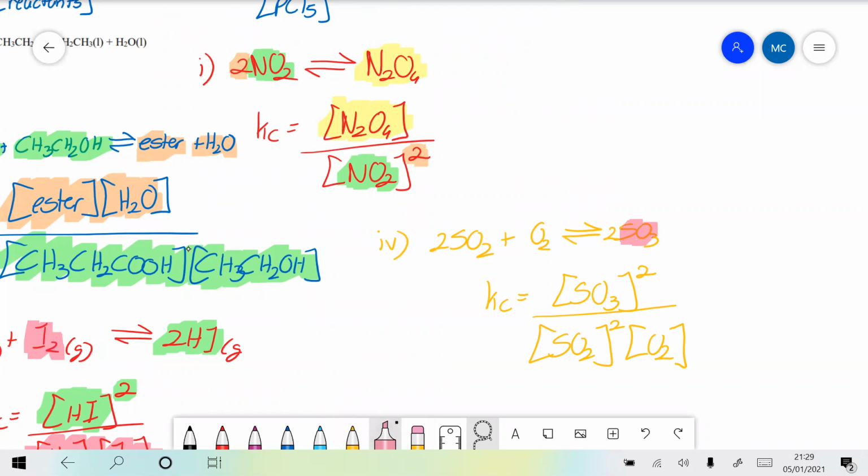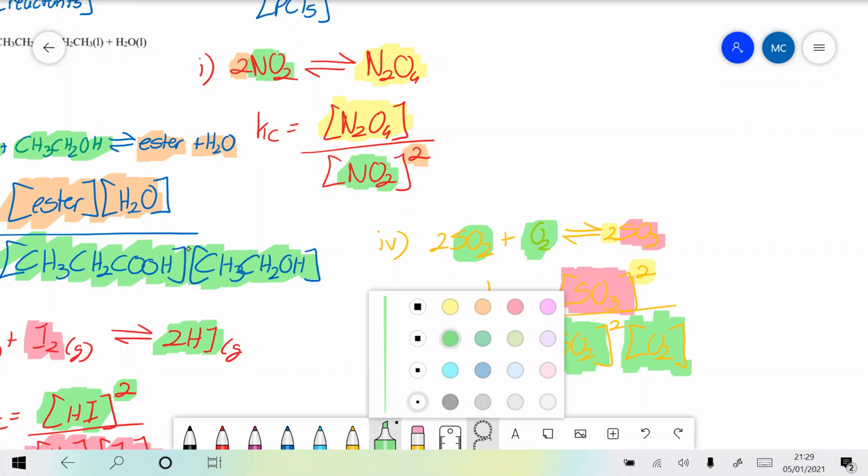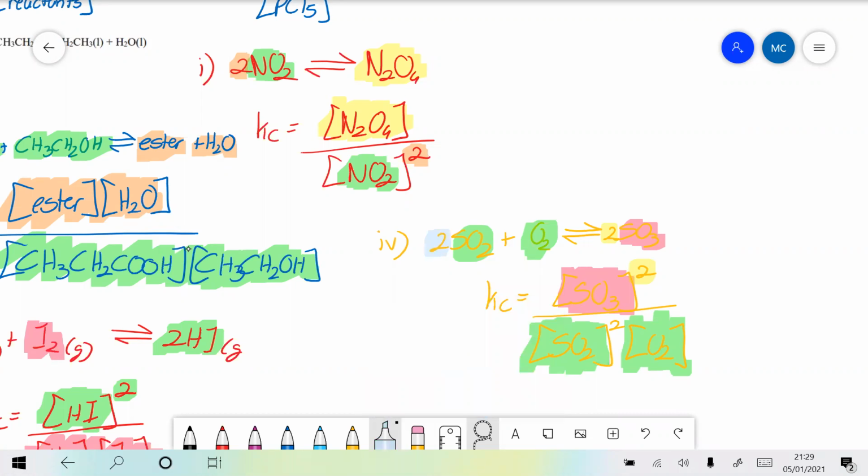So SO3, the 2 is the power there. Then you have oxygen and SO2, which are these ones here. And you have the power, the 2 for the SO2, which is the power over there.